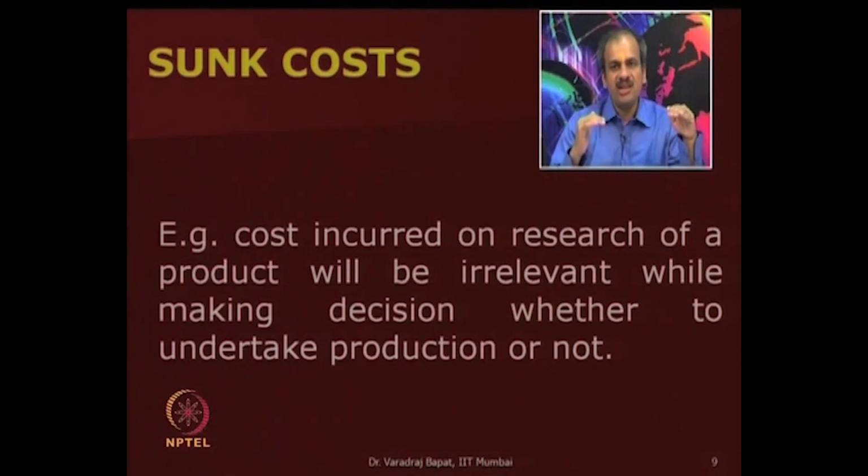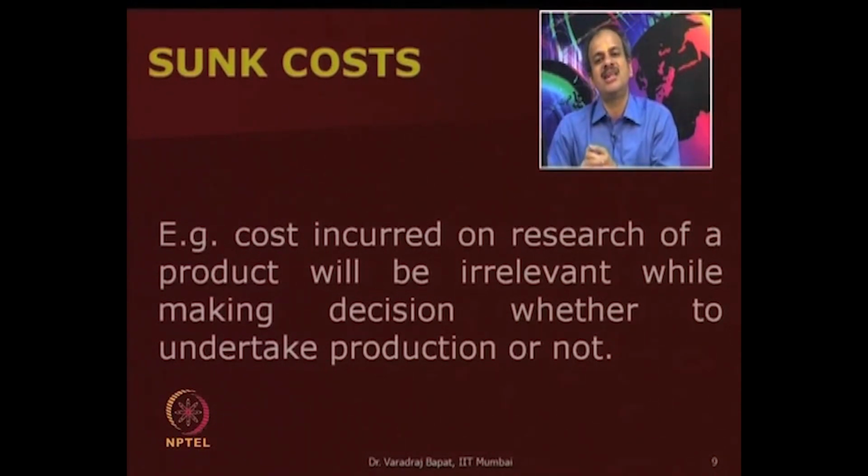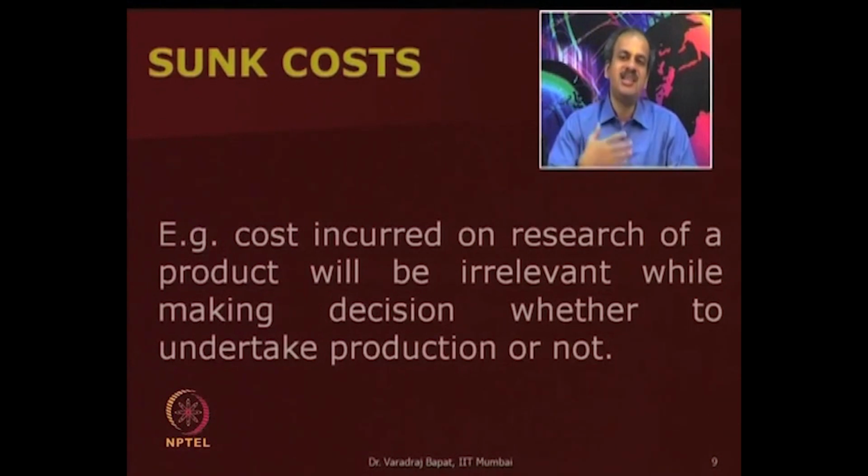What is relevant is what revenue we are likely to earn and what the cost of production is. It looks a little odd that we have spent so much on research, but we may still decide not to launch the product, because if future revenues are not good enough, whatever cost we have incurred on research should not be considered for such a decision.